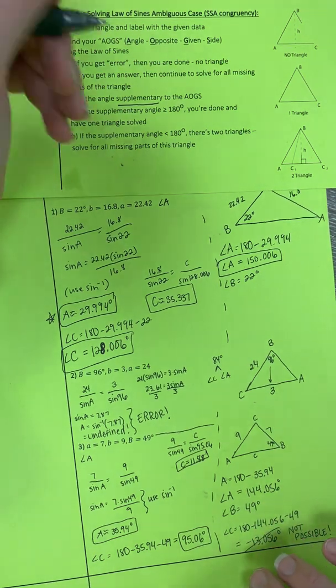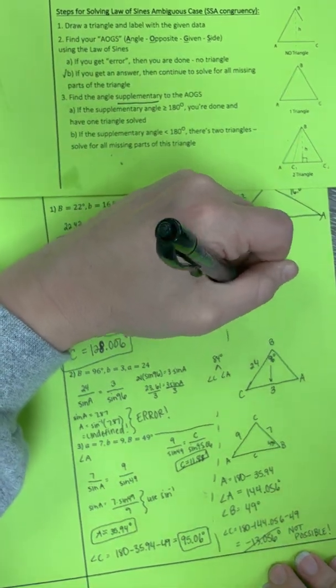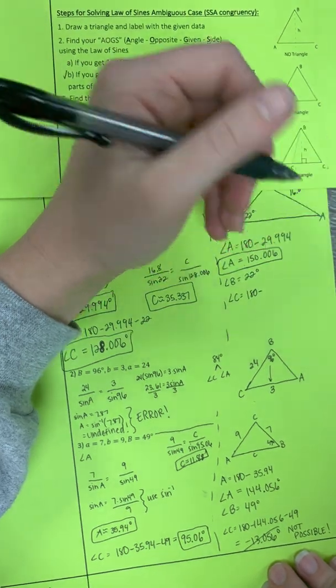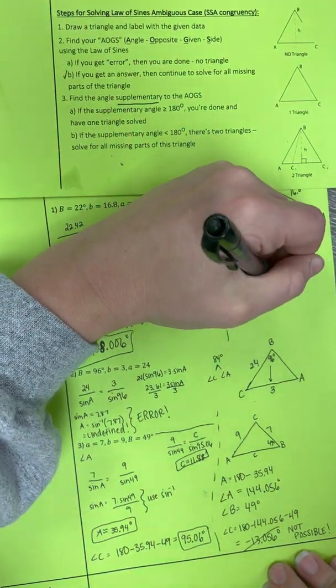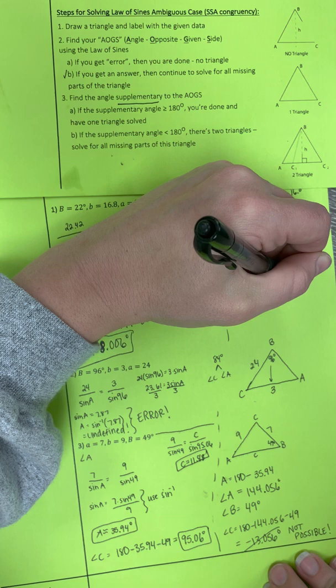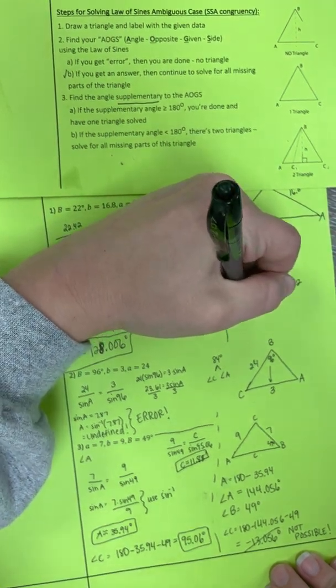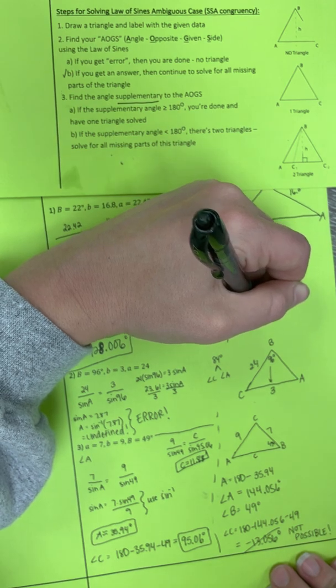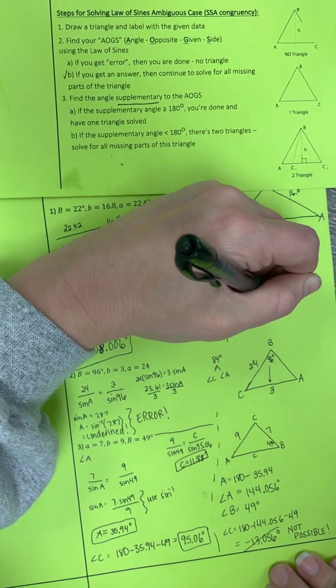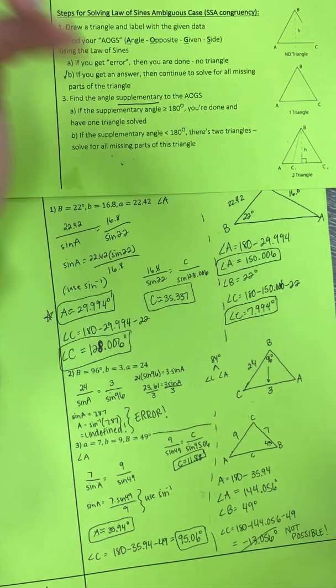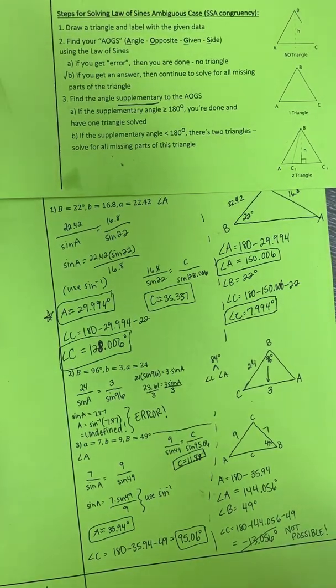That means that angle C is equal to 180 minus 150.006 minus 22. Once we do that, our angle C is actually equal to 7.994 degrees, which is possible. It's not negative. It definitely works.